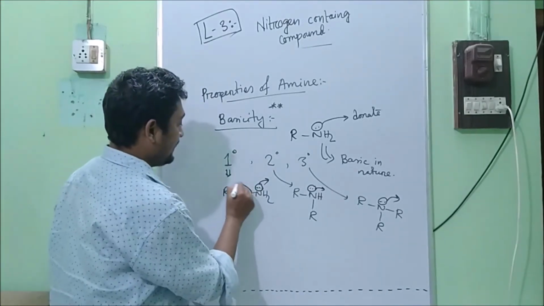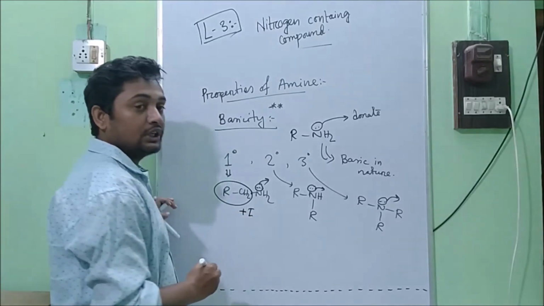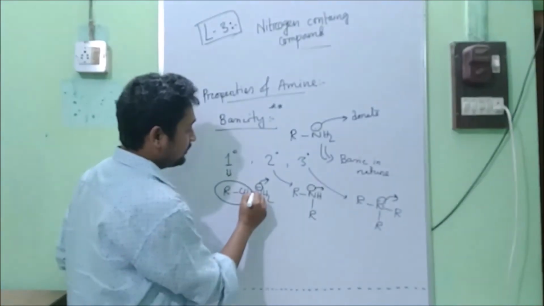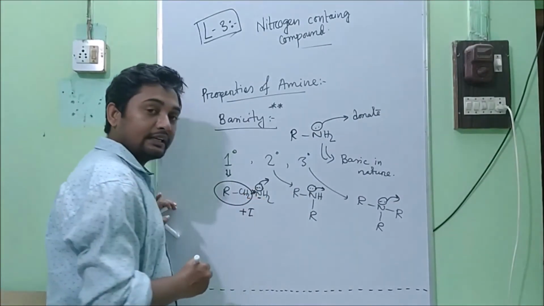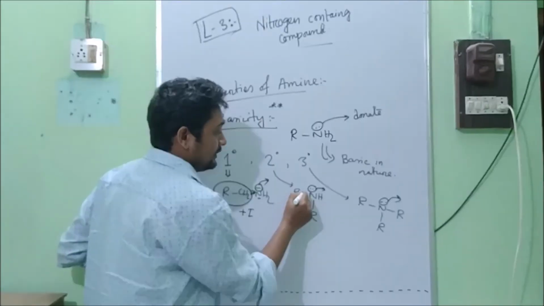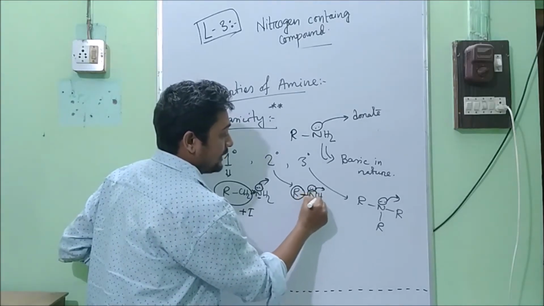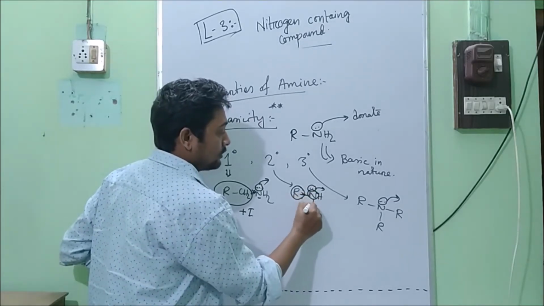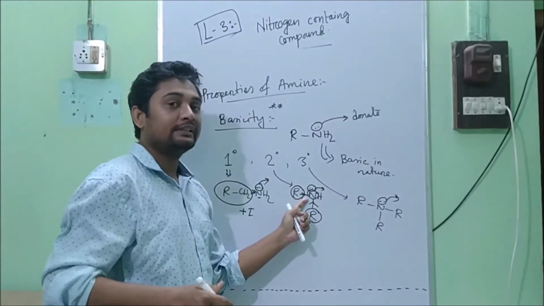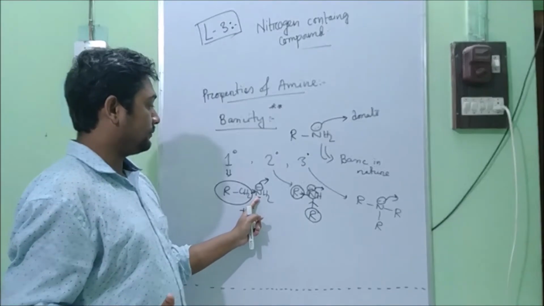See, this is an alkyl group, so it has the property to donate electrons, which we call the plus I effect. Because of this effect, the electron density on this nitrogen atom will increase. In this case there are 2 alkyl groups, so this nitrogen atom will get electron density from both alkyl groups, so it will be a little greater.